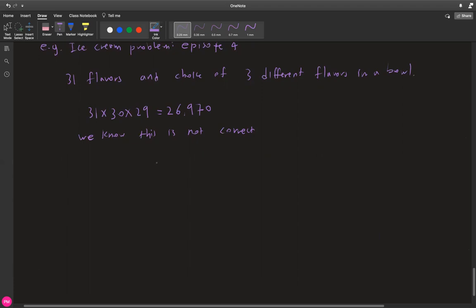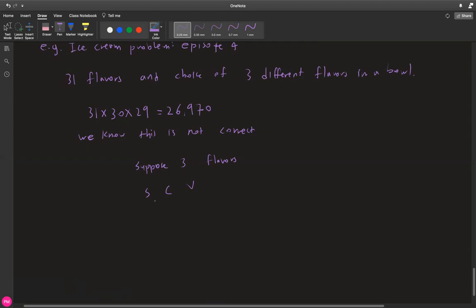So here is the idea. Suppose 3 flavors, and in this case, let's say strawberry, chocolate, and vanilla.